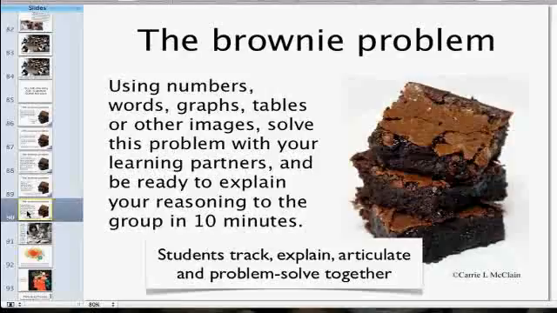So given a poster paper or a large piece of paper, and then given time to work on it, learn from one another, articulate, and then explain the reasoning to the group. And I've seen this done in many, many classrooms, and it's not only highly engaging, it is extremely effective in keeping students persevering throughout a problem.